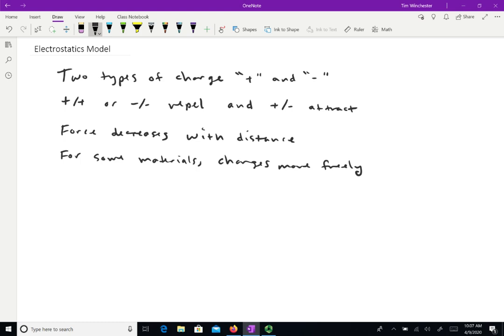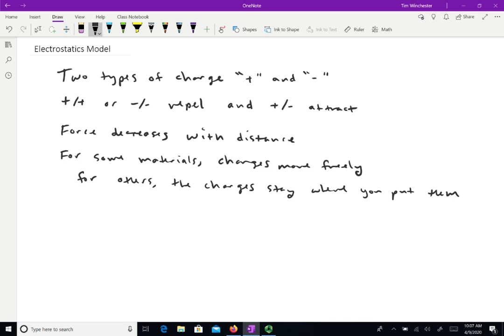And for some other materials, the charges stay where you put them. Okay, and so for materials where charges can move around freely, we call those conductors. For materials where the charges don't move, we call those insulators.